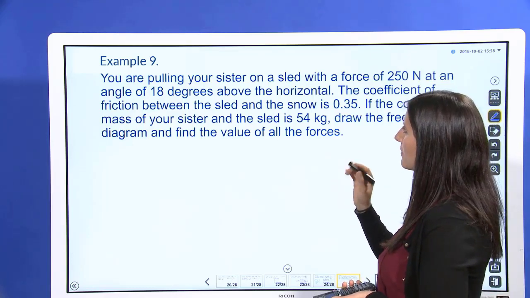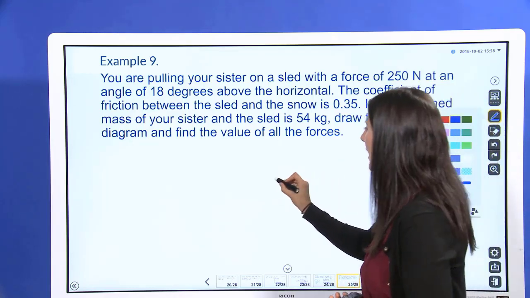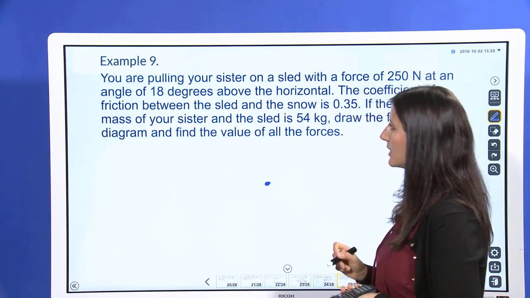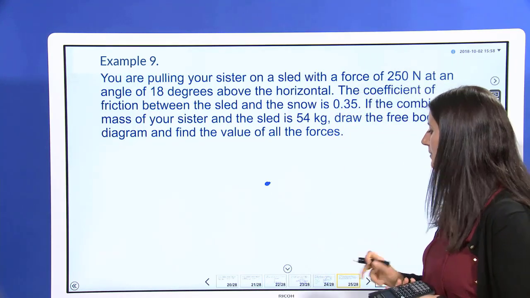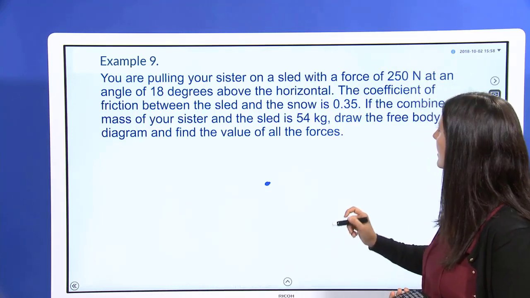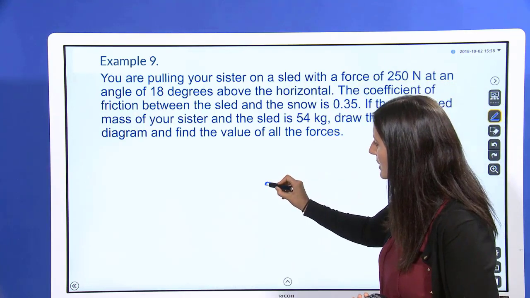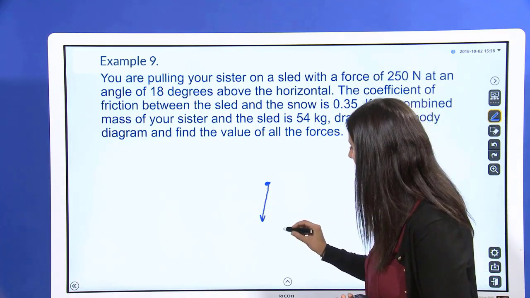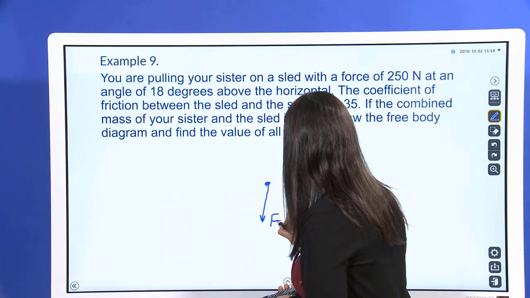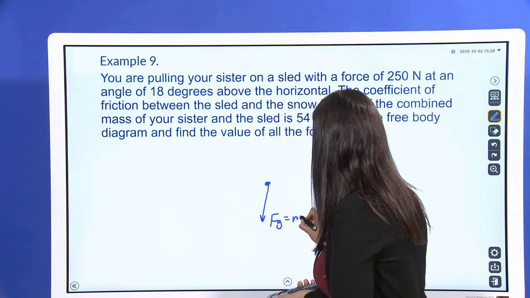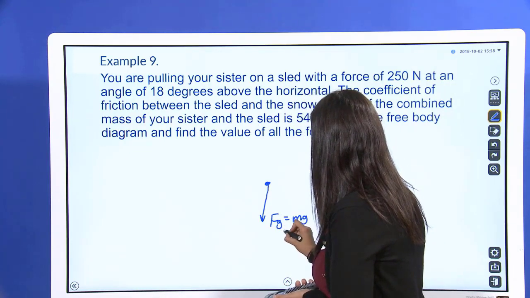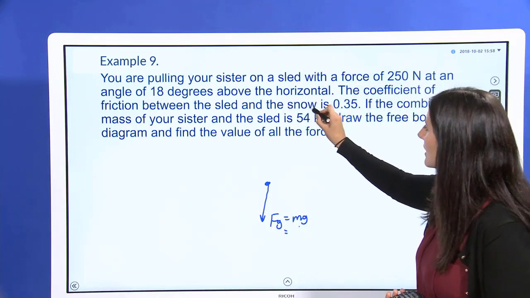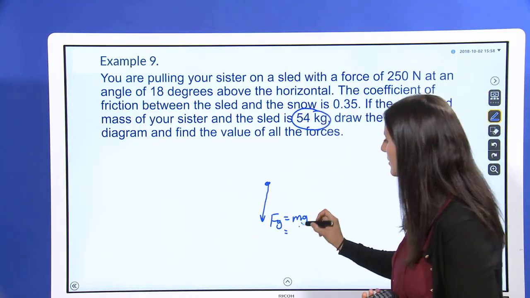We're starting with my sister and the sled. We're going to represent those two, the sister and the sled, as this dot. The first force we always put in is the force of gravity. That one points straight down. And we can calculate it. Fg equals mg. The mass of my sister and the sled is 54 kilograms, so that's my m.